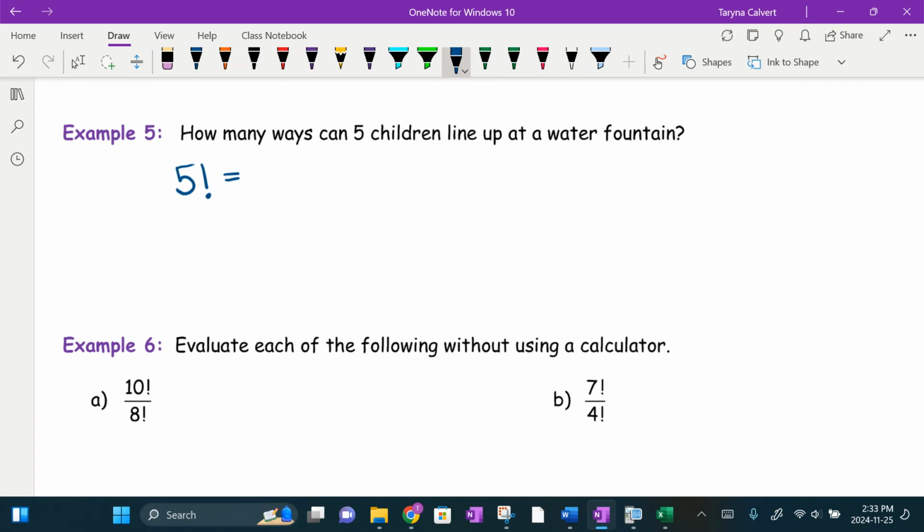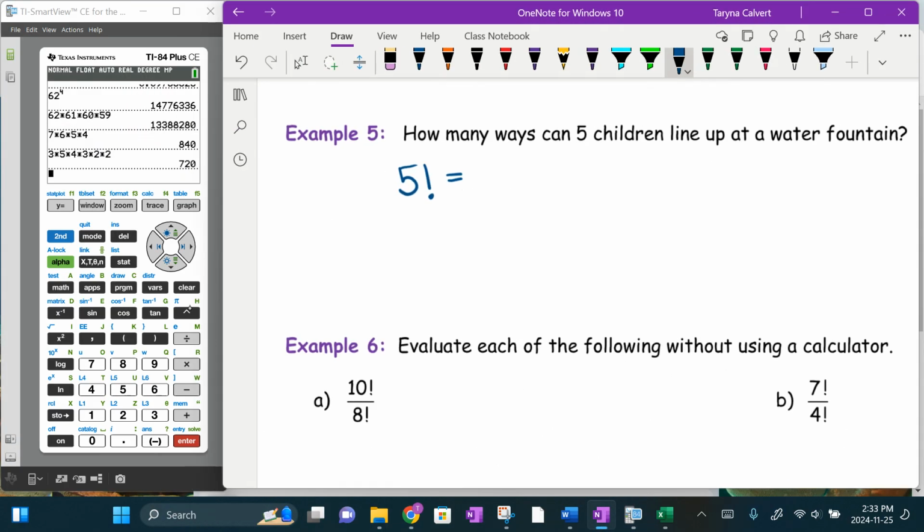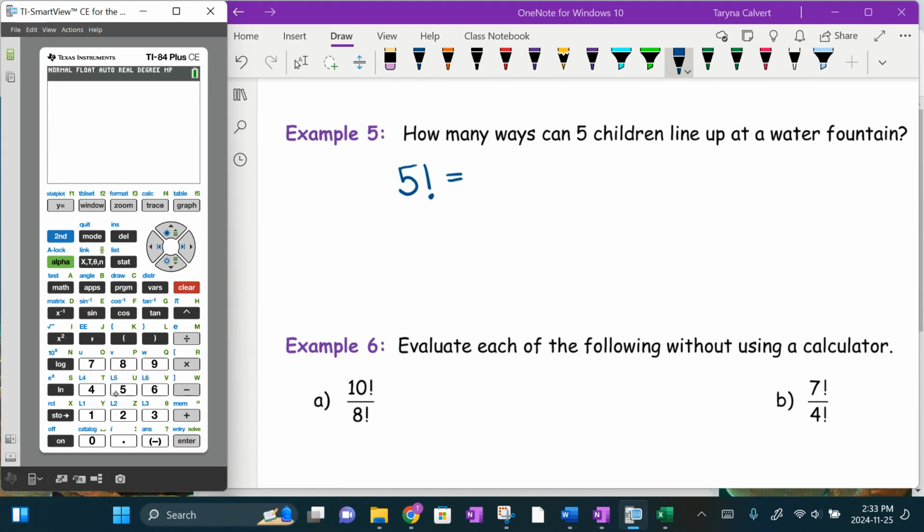So on your calculator, if we go into 5, then you're going to hit math, and then over to probability. This will be the screen we play in. We will use number 2, number 3, and number 4.